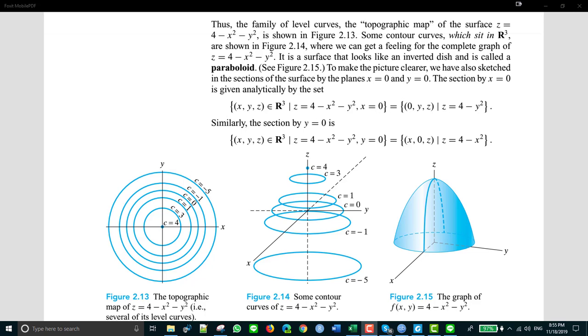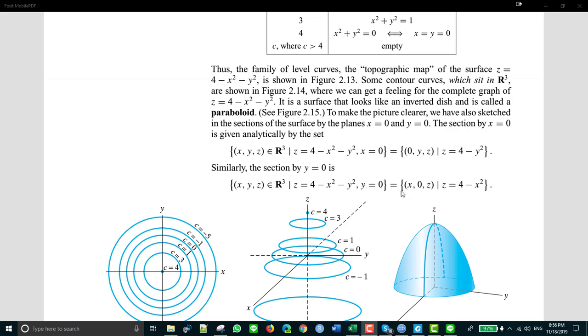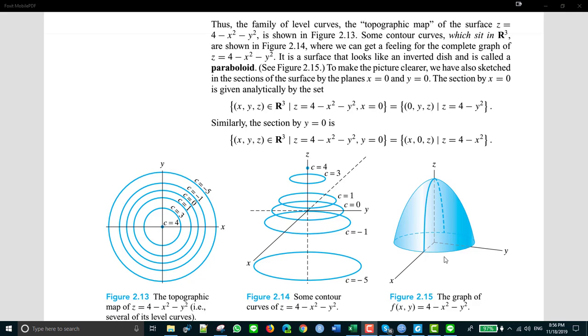Really? Where's that? I don't quite see that. But anyway, the section by x equals 0 is given analytically as the set of points in R3 such that this is our function, and x equals 0. So x equals 0 would be here.